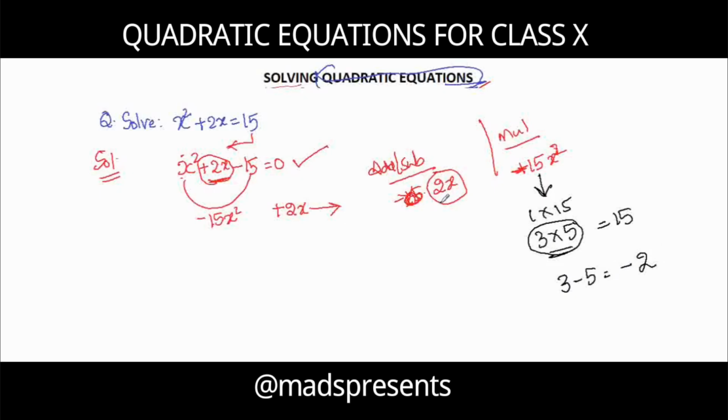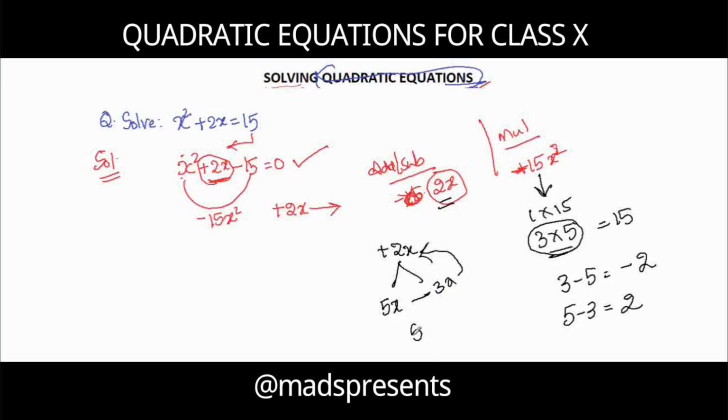But I want plus 2, so interchange: 5 minus 3 is equal to 2. Perfect. So now I can split 2x as 5x minus 3x.